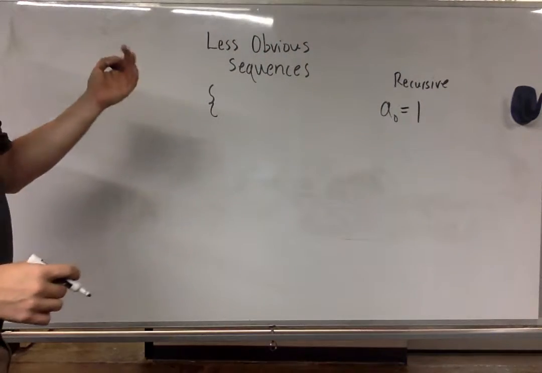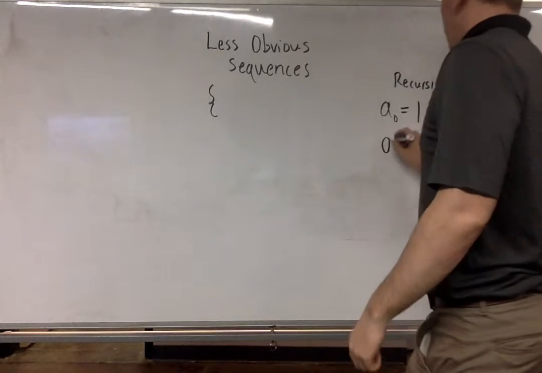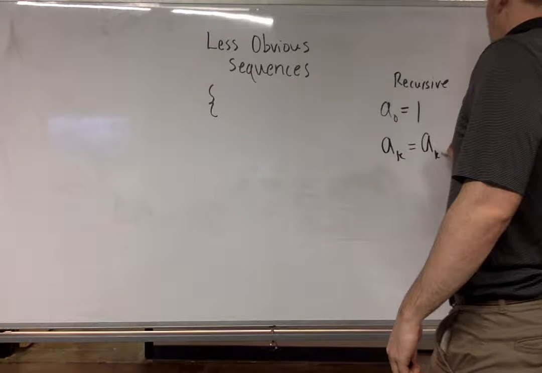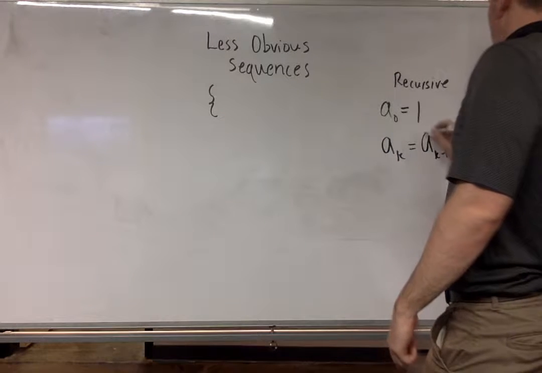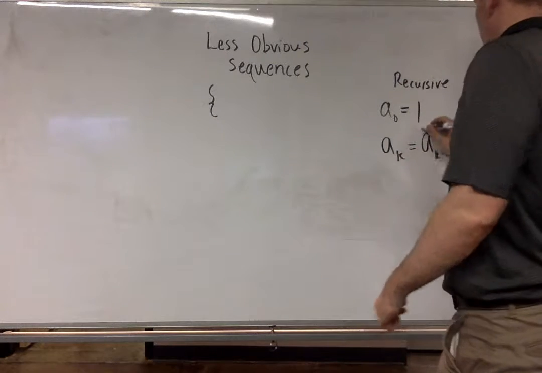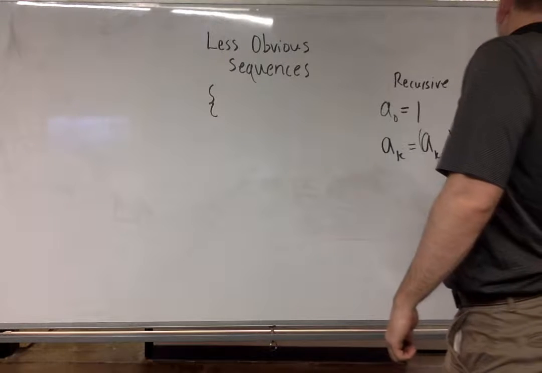And then, from that point on, I wanted every term, a sub k, to take the last term, a sub k minus 1, and the rule I was thinking was double it and add 1. So take a sub k minus 1, multiply it by 2, and then take that result and add 1 to it.